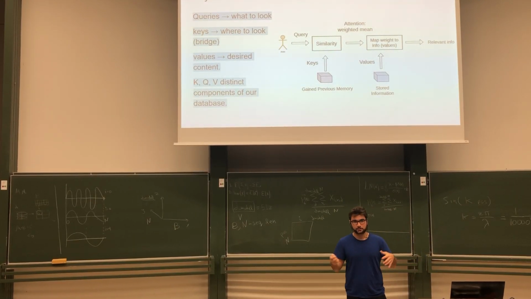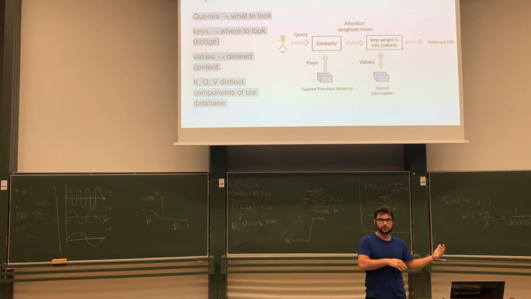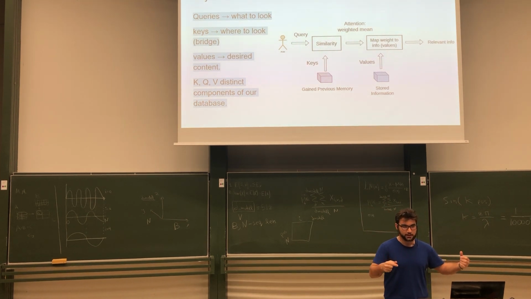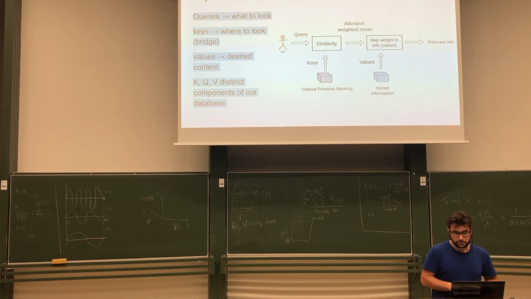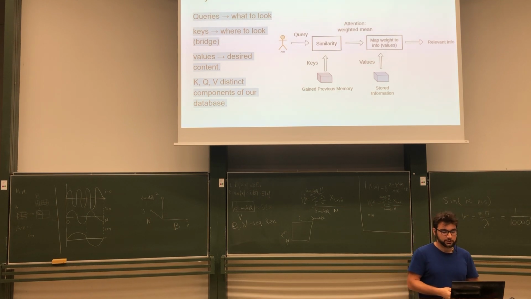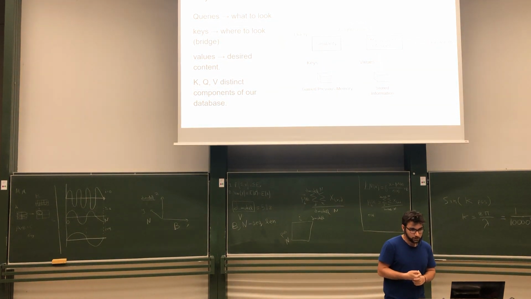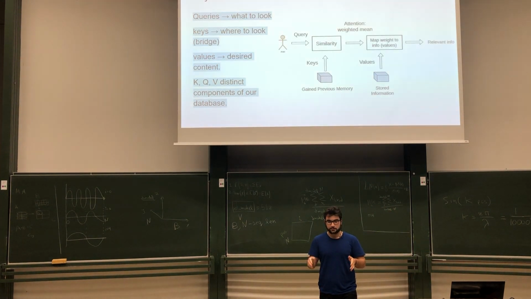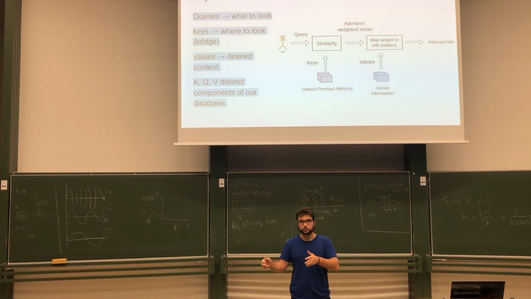For example, we can search for YouTube videos based on the title, while the title and the content have distinct representations. The title is just the text, but we actually want to see the video that corresponds to this title. So the actual video is more the values of the database. And this can be found in the literature of the 90s as a content-based lookup. So what's the most important here? The most important thing is that keys, queries, and values are three distinct representations.